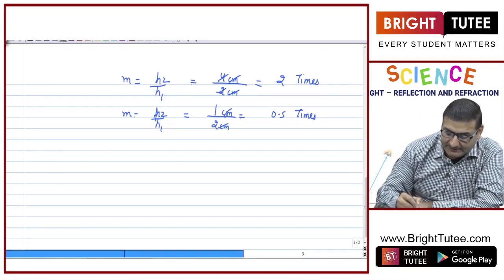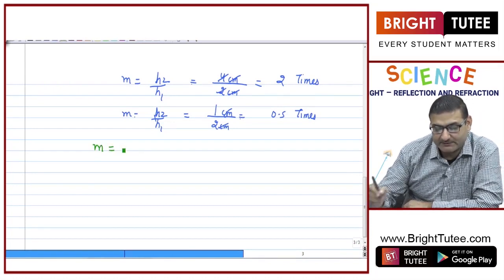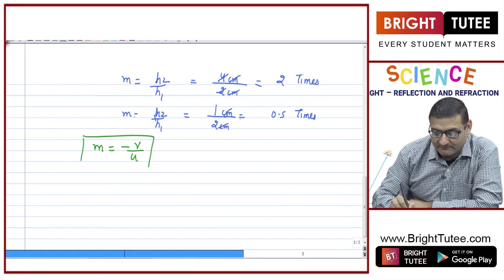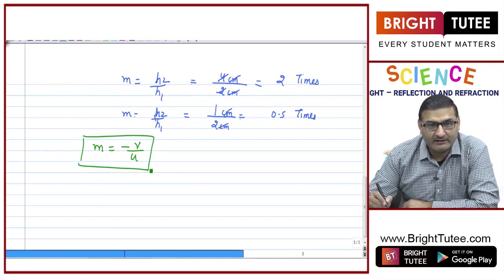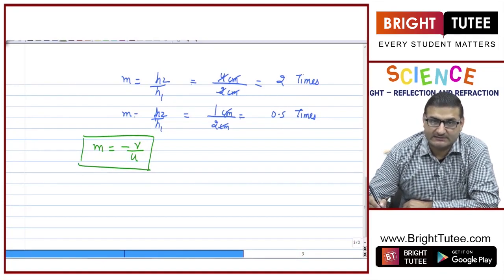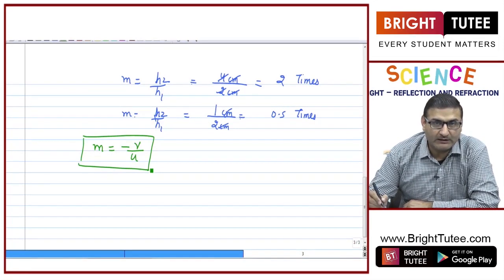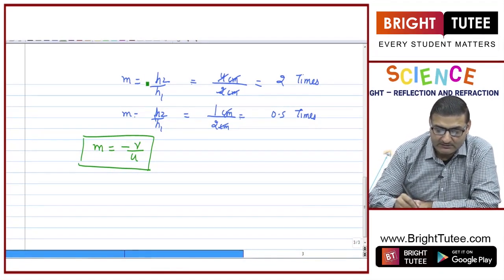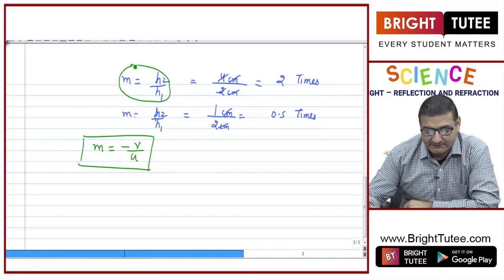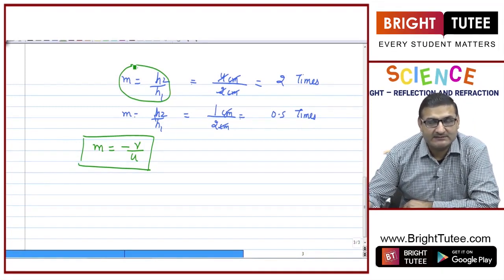Now, the magnification can also be expressed by a different formula, which is magnification is equal to minus v upon u, where u is the object distance, v is the image distance. Right. So, I have got 2 formula for magnification. One is magnification given by h2 by h1, and another is magnification given by the formula minus v upon u.